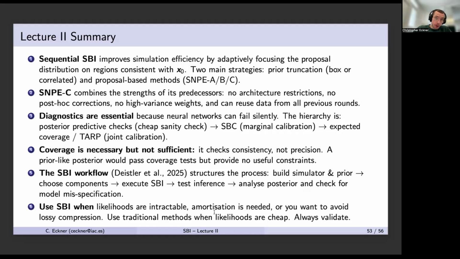You should always use diagnostics in order to at least verify that you have calibrated posteriors that behave well in terms of predictive checks, looking that your posterior produces simulations that at least look a bit like the real data you're analyzing, then doing marginal calibration and expected empirical coverage checks in order to know whether your posterior is either overconfident, biased, or overly conservative. As I said, coverage is a necessary check, but it is not sufficient.